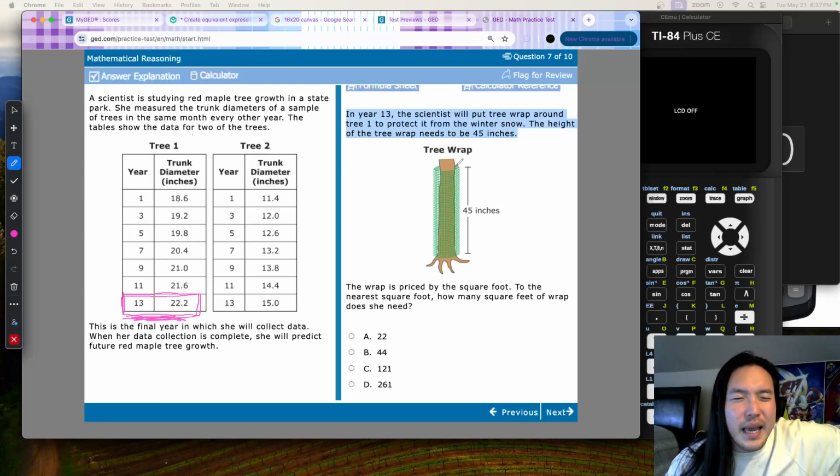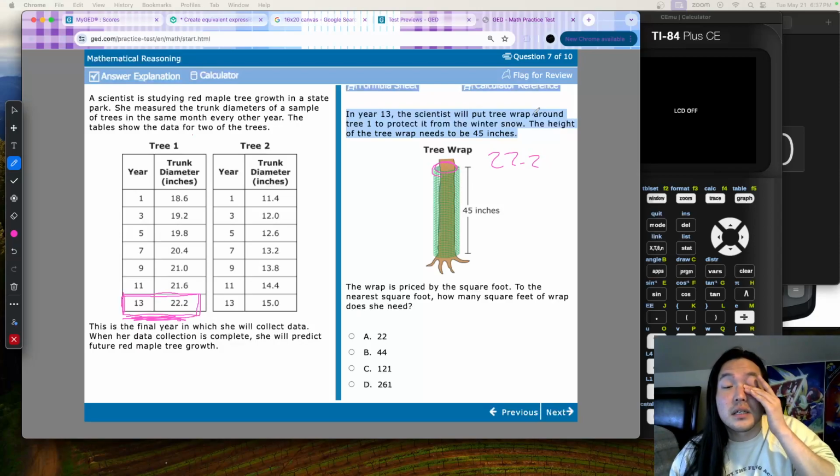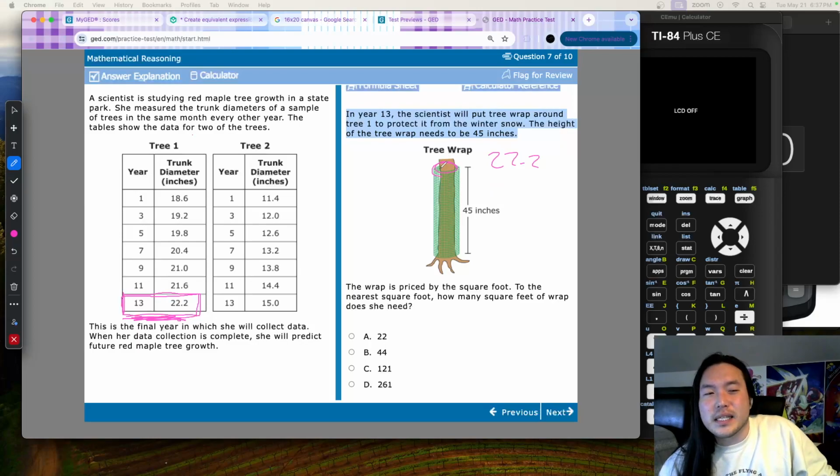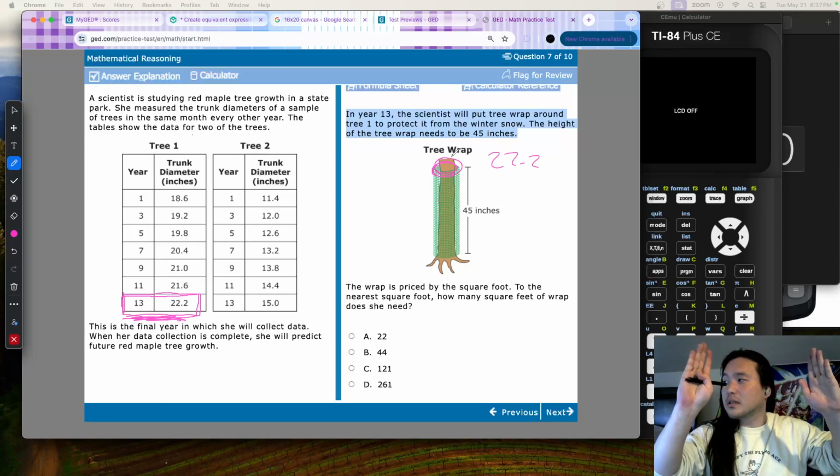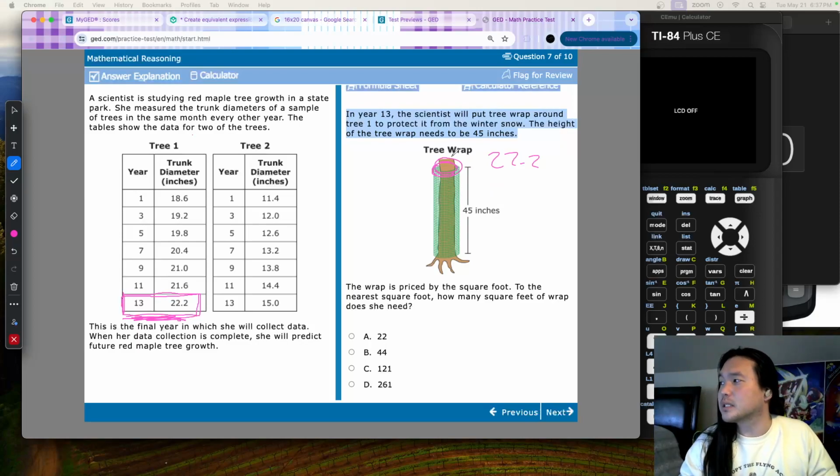So the diameter of the tree is 22.2. So hopefully you realize, to wrap something that's 22.2 inches around, the wrap needs to be 22 inches long, right?